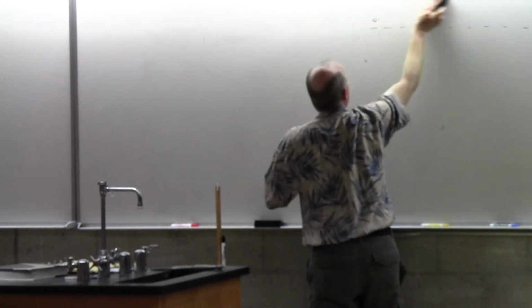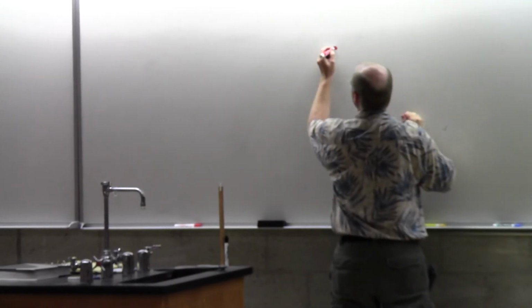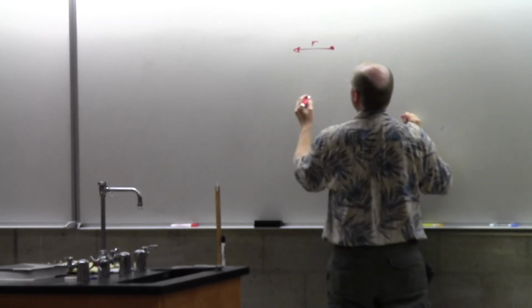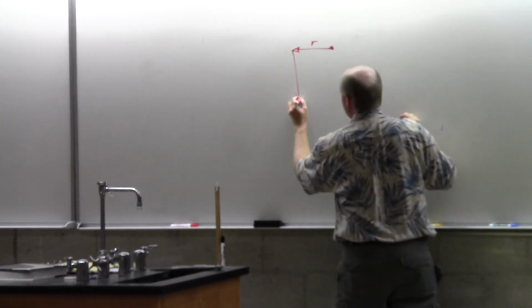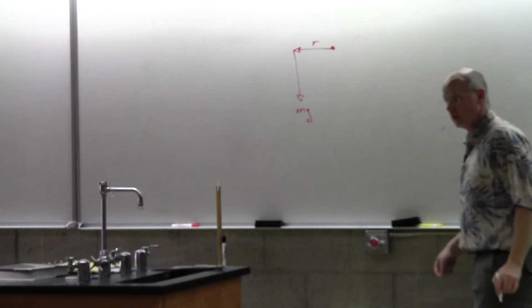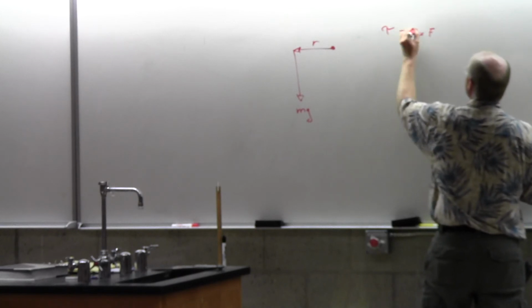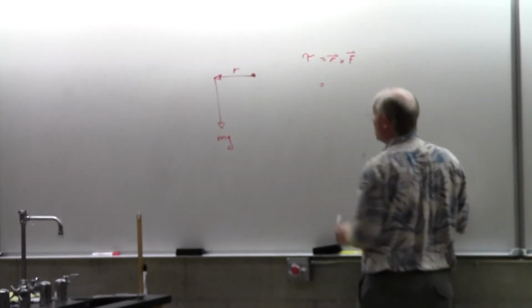And from your viewpoint straight out, I would say, okay, here's the axis. That's R. Then the thing is pretty heavy, so there's an mg. Is that a torque? Sure. R cross F. The force is coming from gravity once I let go of it.